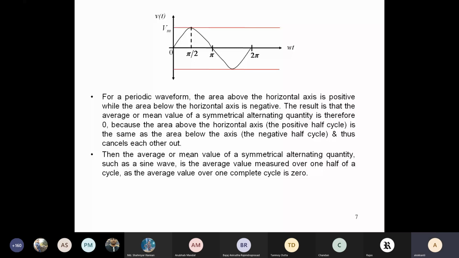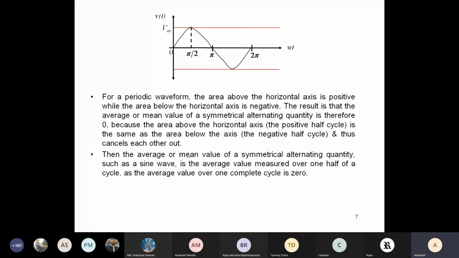This makes the average or mean value of a symmetrical quantity 0, because they cancel each other over the cycle. So for a symmetrical alternating quantity such as a sine wave, instead of the full cycle, it is measured with respect to one half of the cycle.